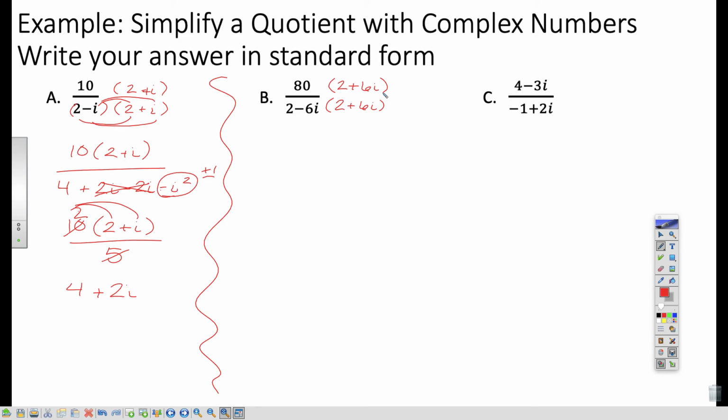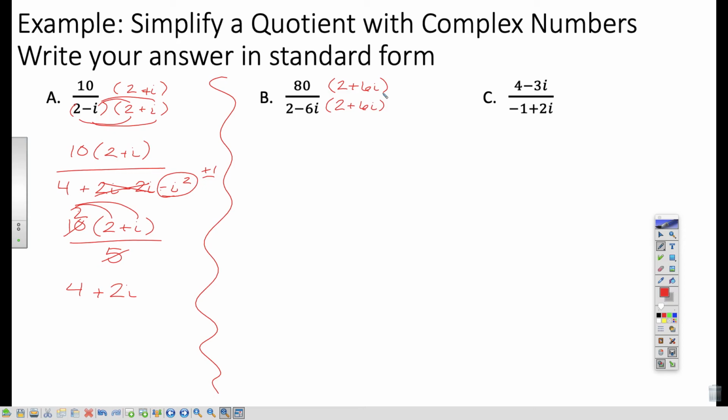How do you know when you want to do the 80 times the parentheses 2 plus 6i?